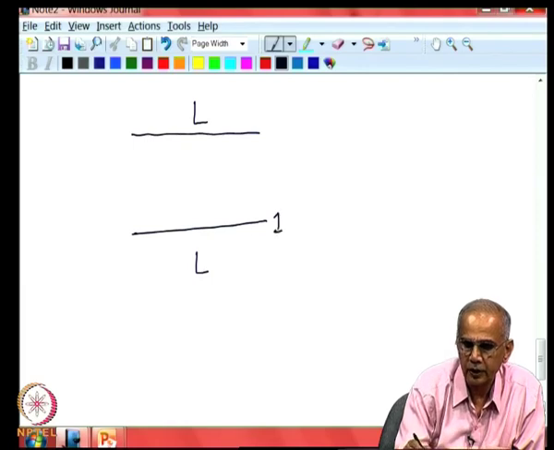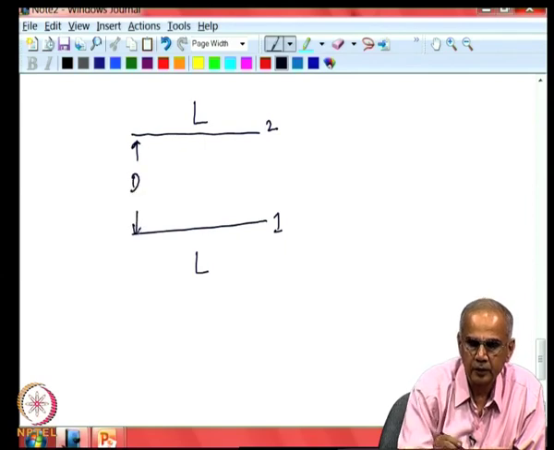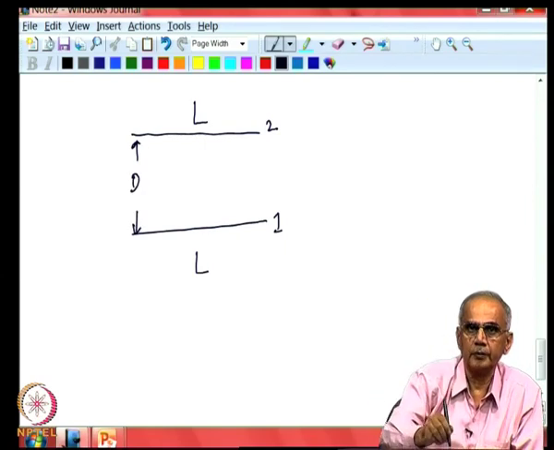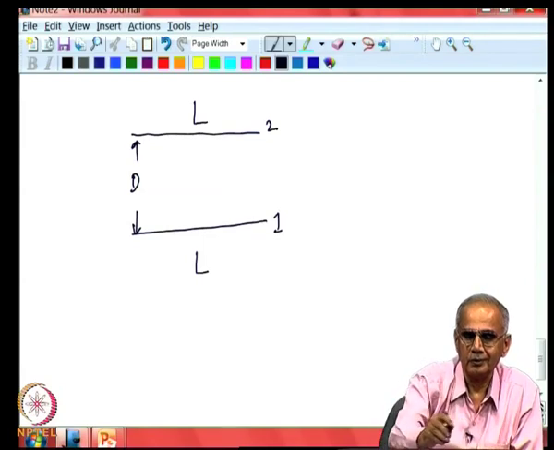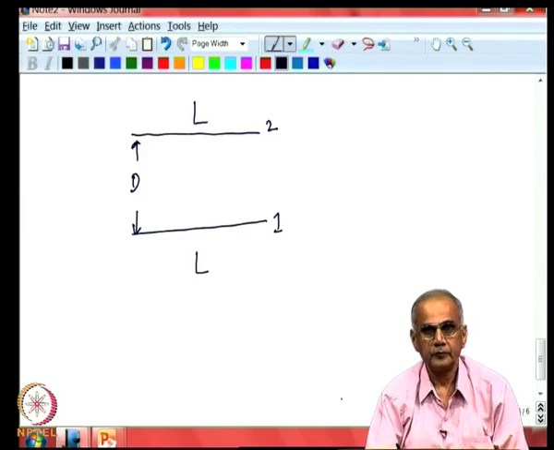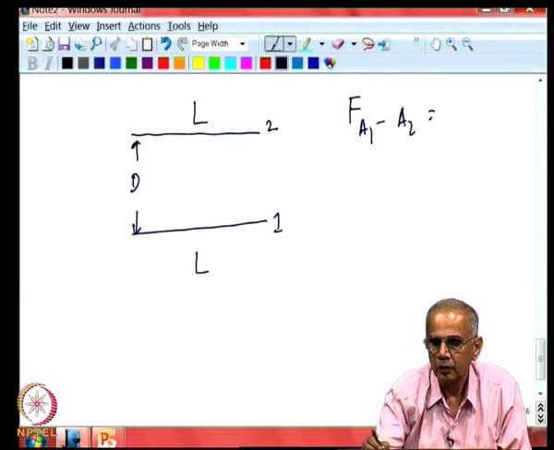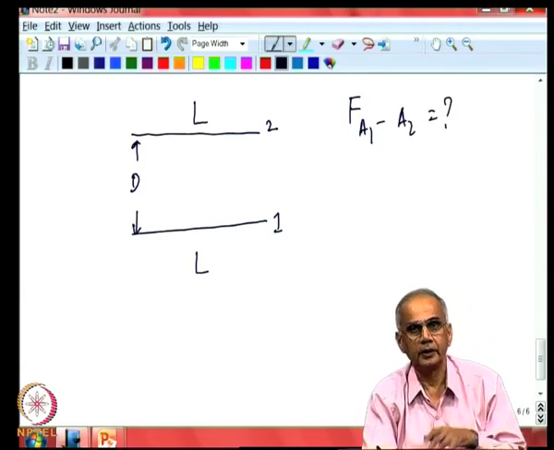One is surface 1 and the other surface 2, and the distance between the plates is d, and the dimension normal to the board here is infinity. Question is, can you calculate F A1 A2 without actually doing any integration? That is the issue.